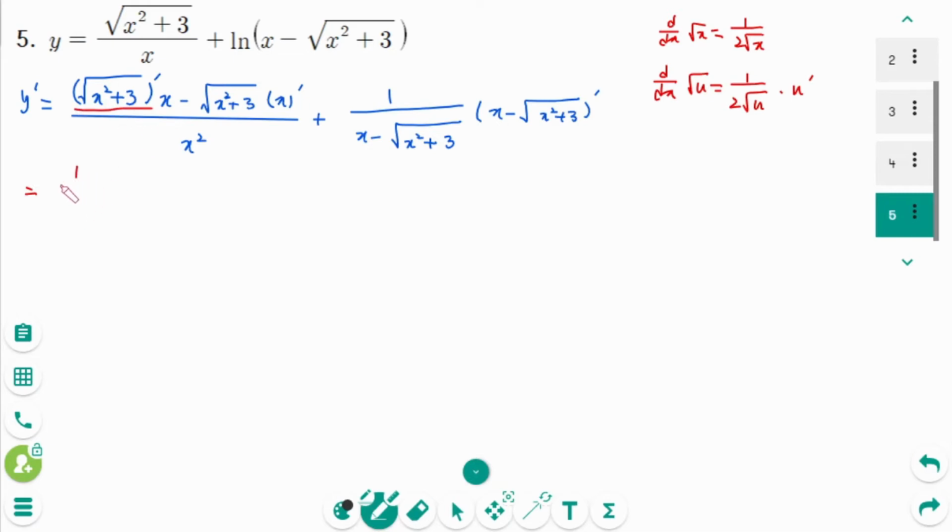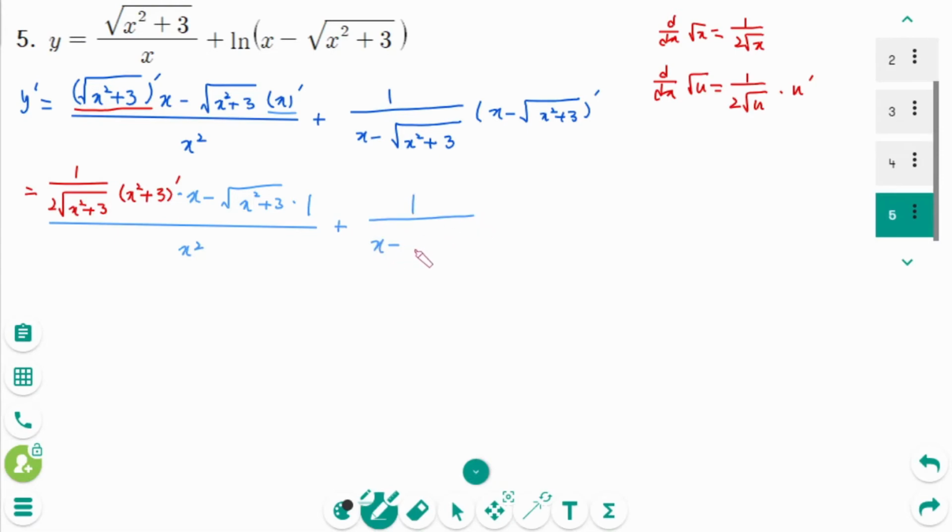First one is 1 over 2 square root of x squared plus 3 times x squared plus 3 prime times x minus square root of x squared plus 3 times x prime, is 1 over x squared plus 1 over x minus square root of x squared plus 3 times x prime is 1 minus this one, using this 1 over 2 square root of x squared plus 3 times x squared plus 3 prime.